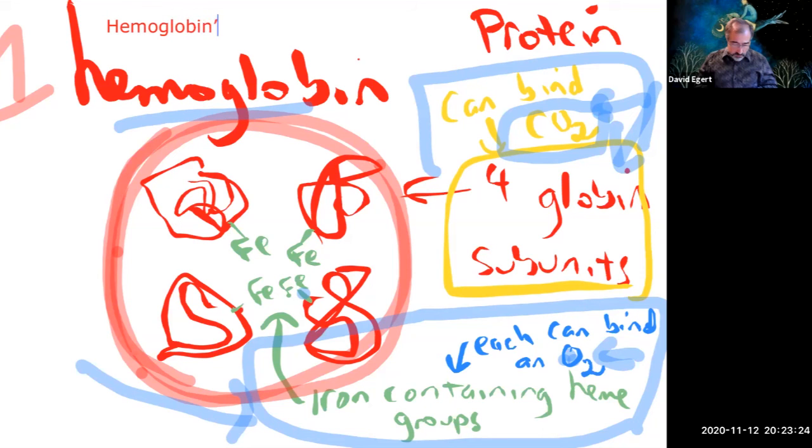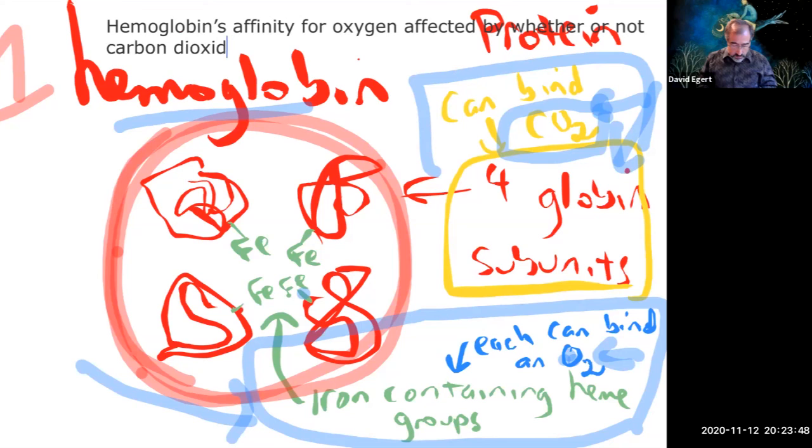Hemoglobin's affinity for oxygen is affected by whether or not carbon dioxide is bound as well.